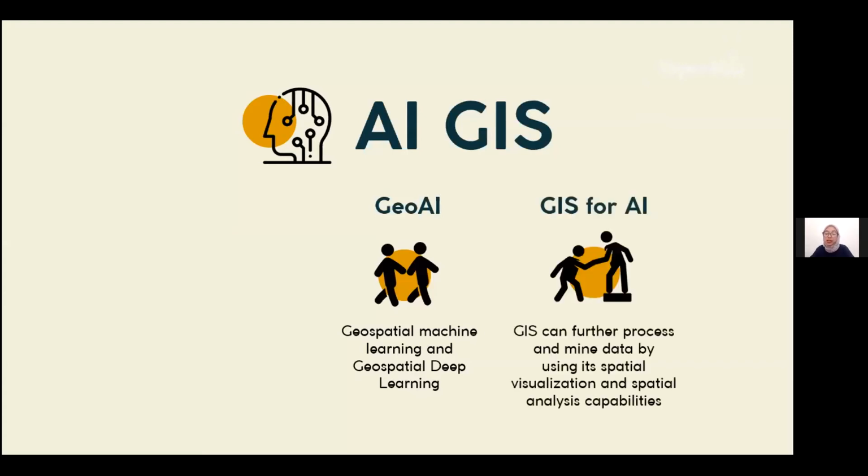The second one is GIS for AI. When faced with AI recognition results, GIS can further process and mine data by using its spatial visualization and spatial analysis capabilities. That is, GIS empowers AI.